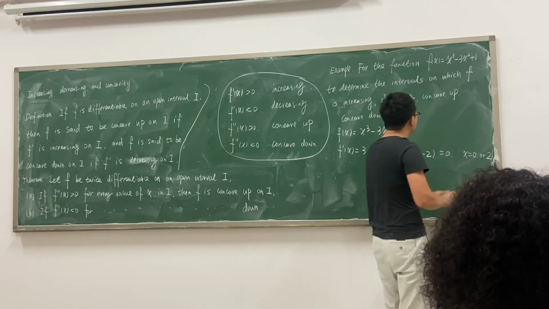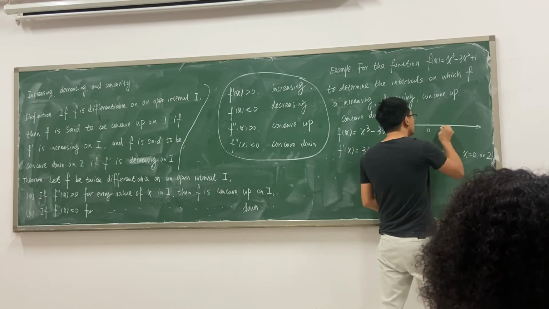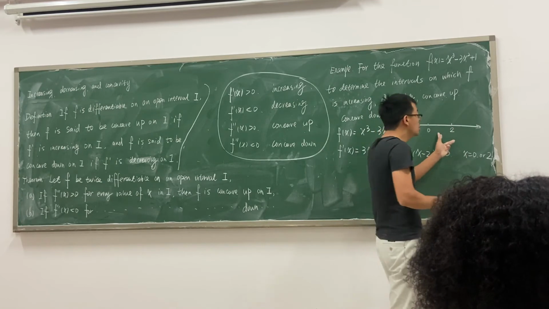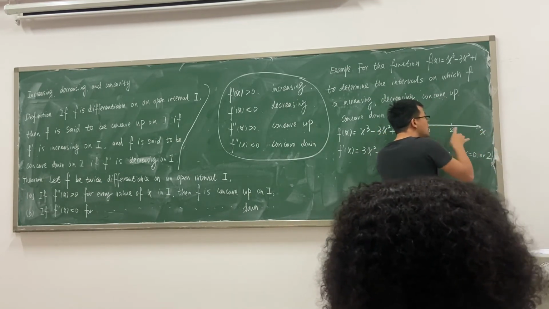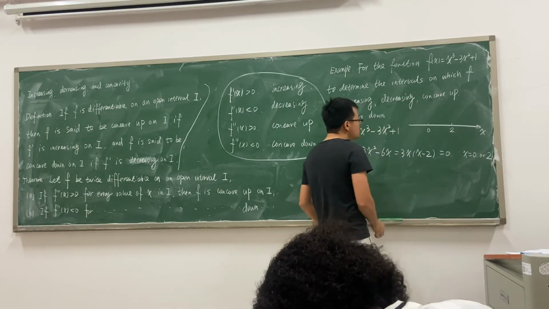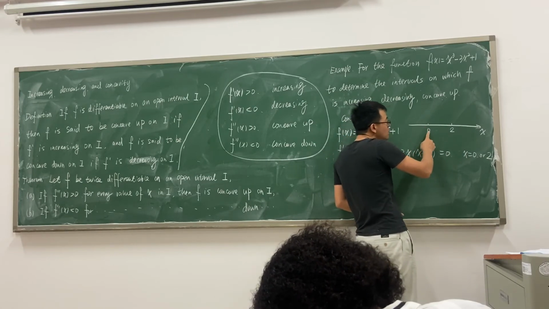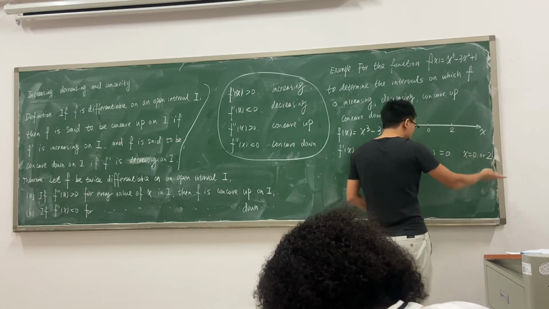So 0 and 2, we plot them. Here is 0, here is 2. The points 0 and 2 decompose the x-axis into three parts. The first part is minus infinity to 0. The second part is 0 to 2. The third part is 2 to infinity.